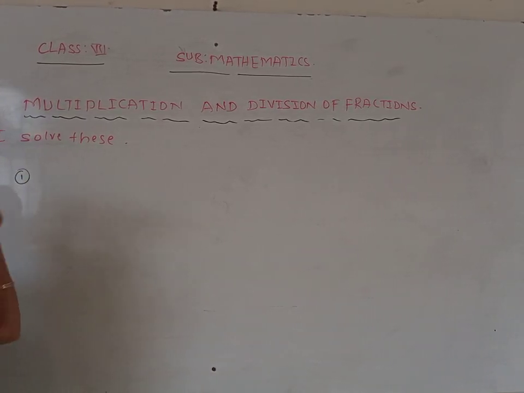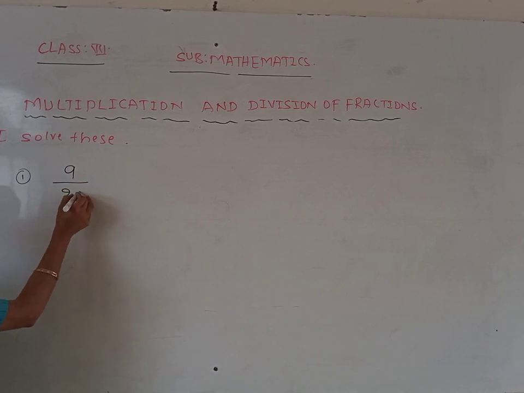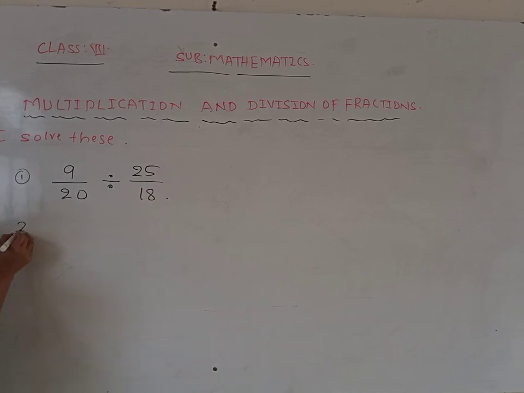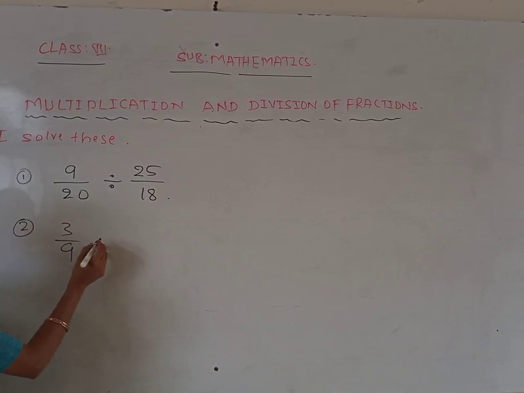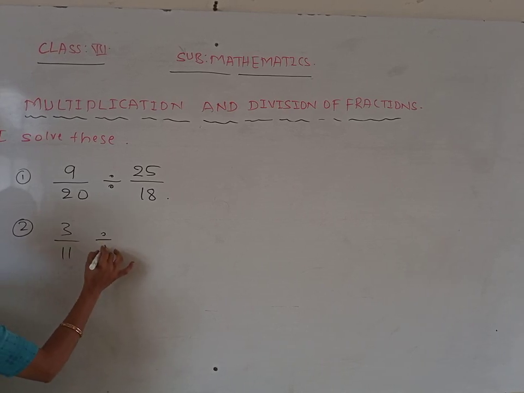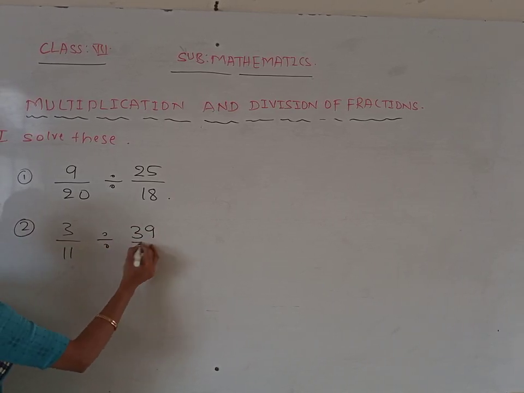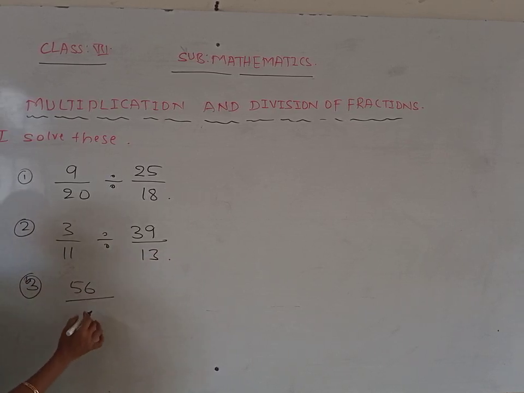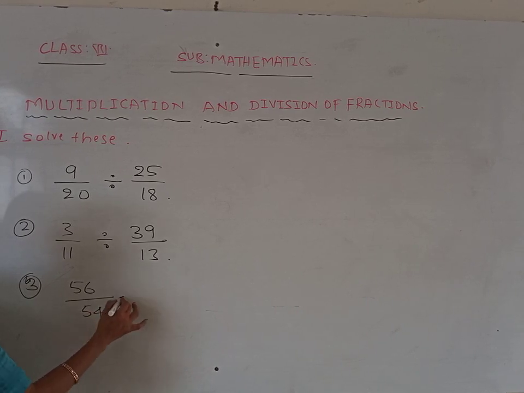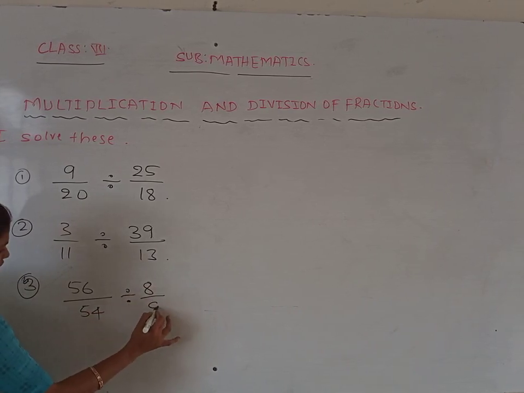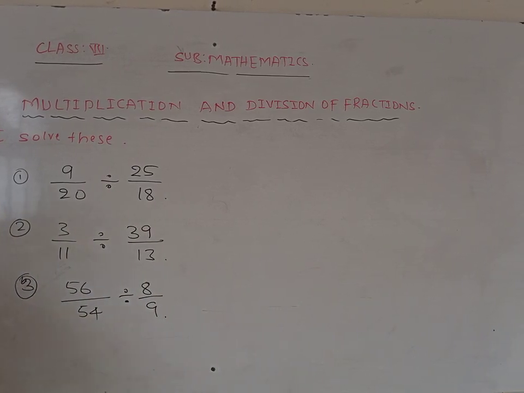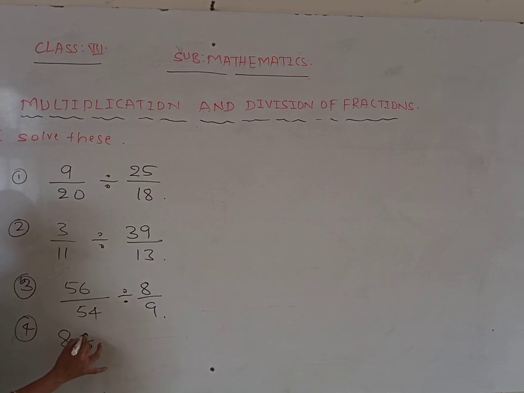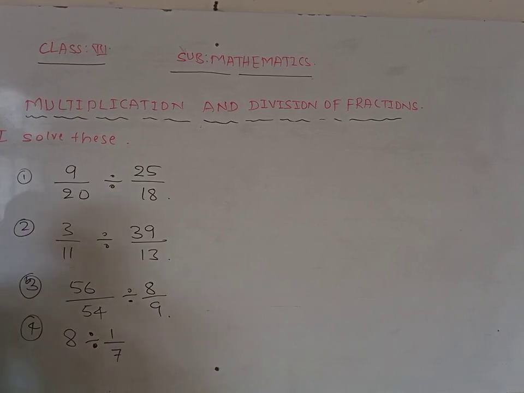First one, 9 by 20 divided by 25 by 18. Second, 3 by 11 divided by 39 by 13. Next, third one, 56 divided by 54, whole divided by 8 by 9. Next, fourth one, 8 divided by 1 by 7.